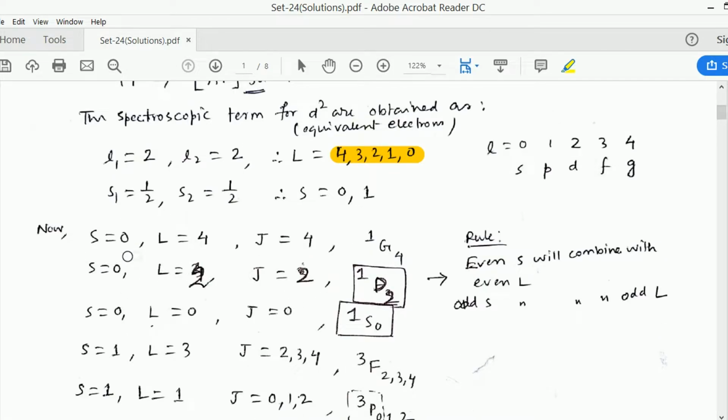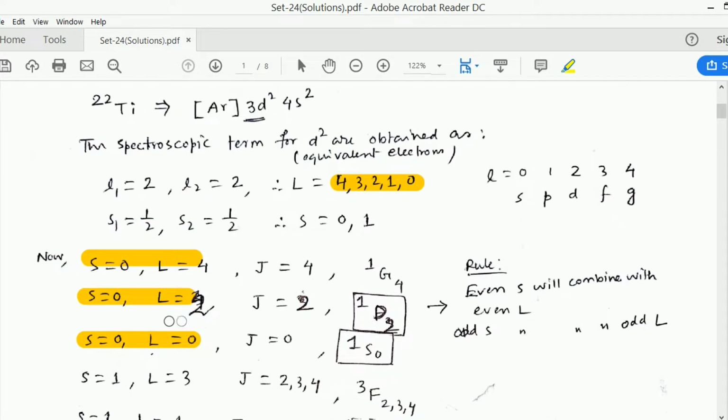So S equals 0 and L equals 4, S equals 0, L equals 2, S equals 0, L equals 0. 0 should be considered as even. So these three are even S, even L.